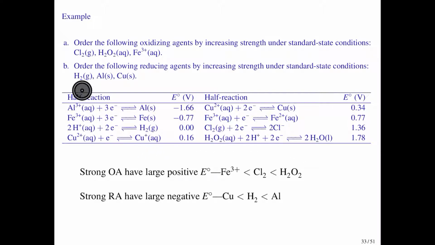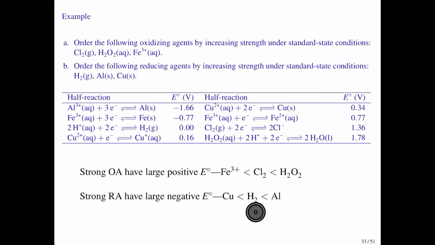So again, finding hydrogen over here, it's 0. Aluminum, negative 1.66. And then for the copper, we've got 0.34. Okay, so the largest negative value is for the aluminum. So the aluminum is going to be the strongest.